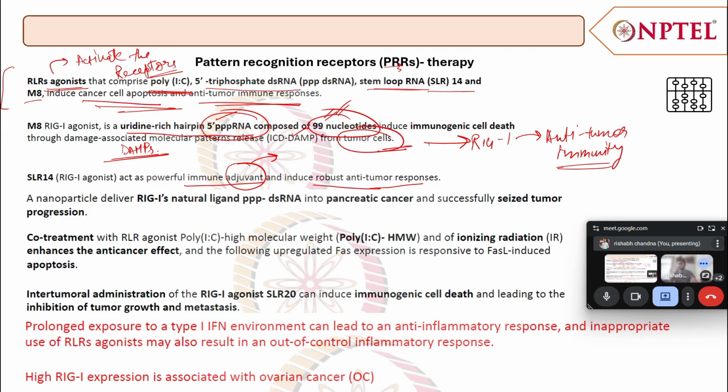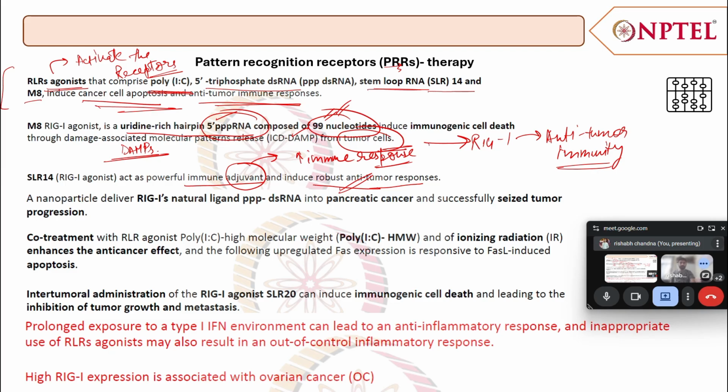Adjuvants are given so that they actually increase the immune response as side molecules. So in response to any antibodies or something, wherever we have to increase the potency of that particular antibody, we give an adjuvant so that we can increase the immune response. And these SLR14s are used to induce robust anti-tumor responses.